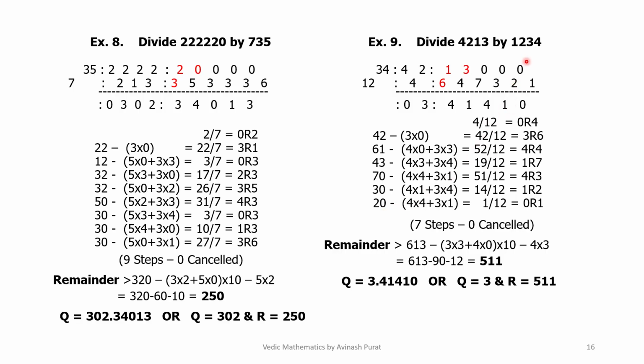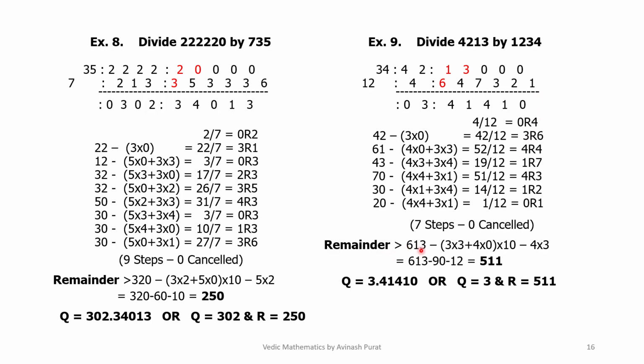Now 20 remainder, dividend, minus 4 into 4 plus 3 into 1, that is 16 plus 3 is 19. 20 minus 19 is 1 divided by 12 becomes quotient is 0 and remainder is 1. Now this has 7 steps and 0 is cancelled.